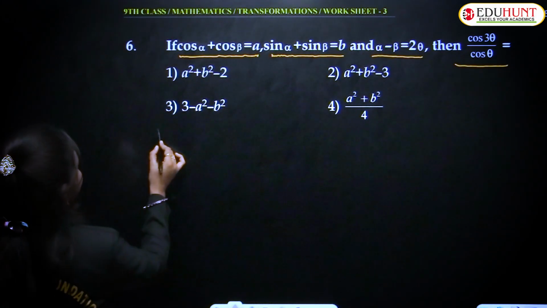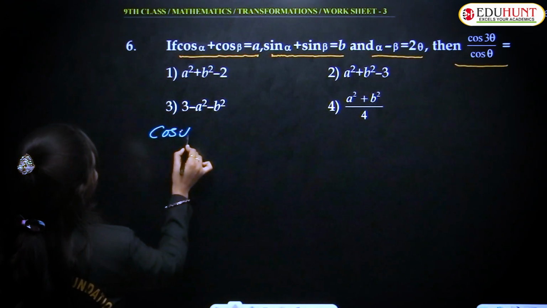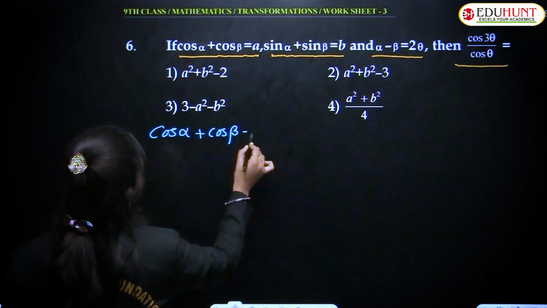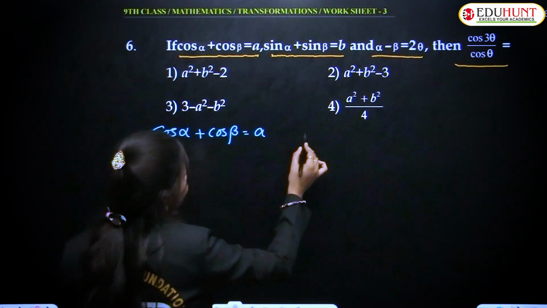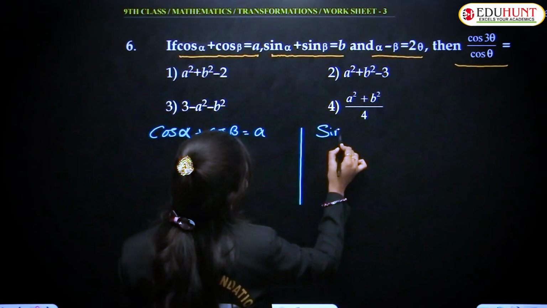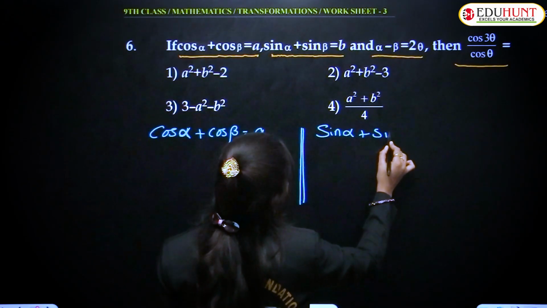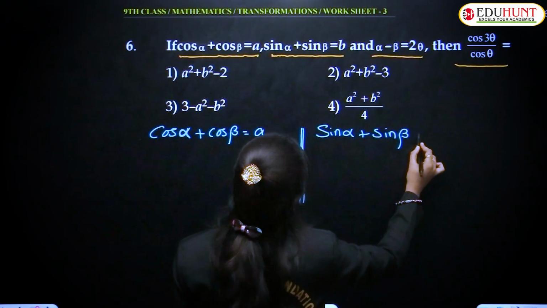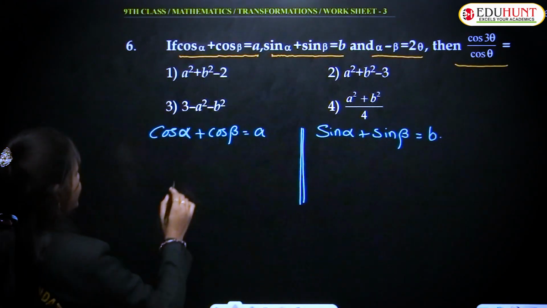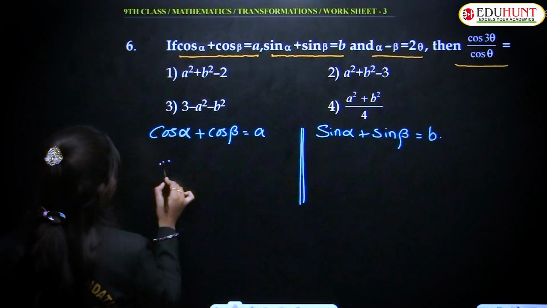See here, what have they given? Cos alpha plus cos beta is equal to A, and in the same way sin alpha plus sin beta is equal to B. So first take squaring on both sides.